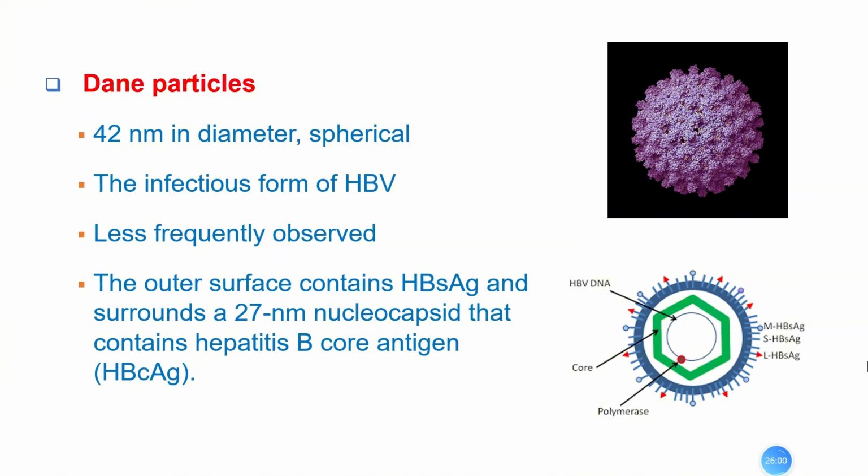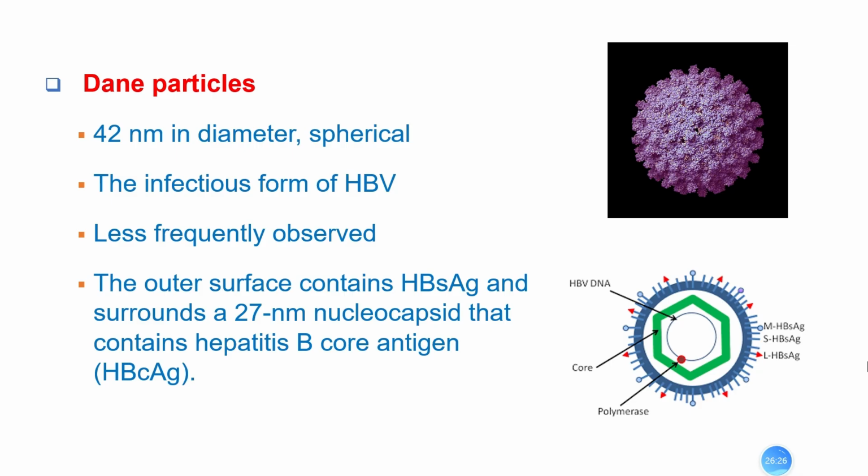And if you dissect the particle, you would find the structure of the particle here. The total diameter is about 42 nanometers. It has an envelope, the outer layer. On the envelope, it contains a lot of protein, especially those surface antigens.